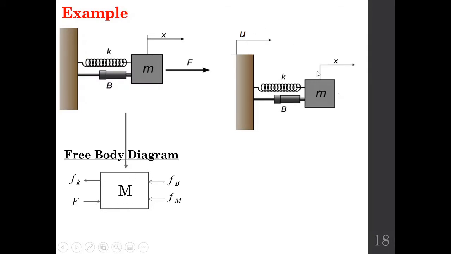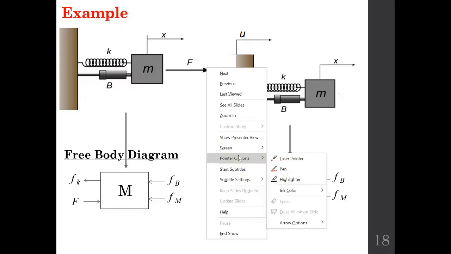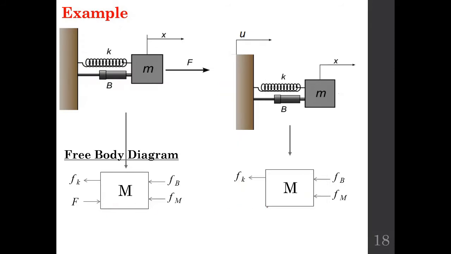But what about this mechanical system? This mechanical system has actually the same opposing forces, but as you can see here, there is no applied force. Then how do we find out the direction of the opposing force? It is found from the direction of displacement.